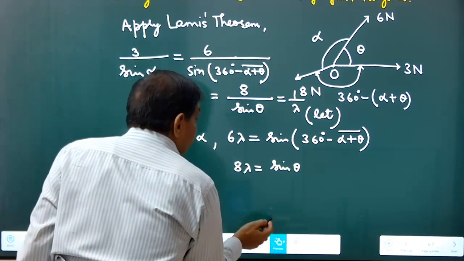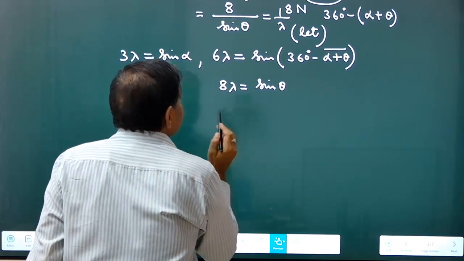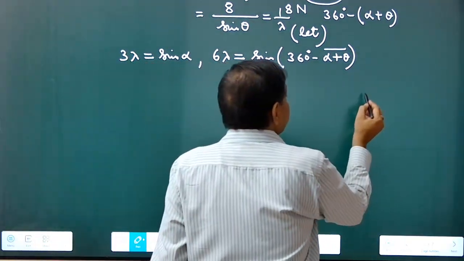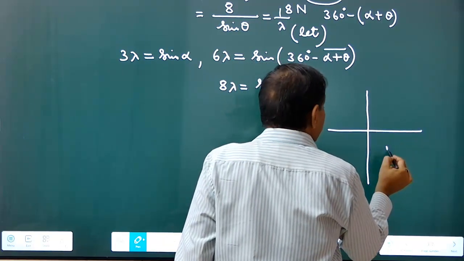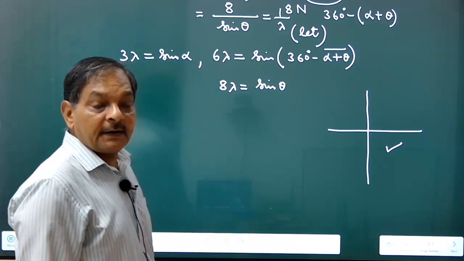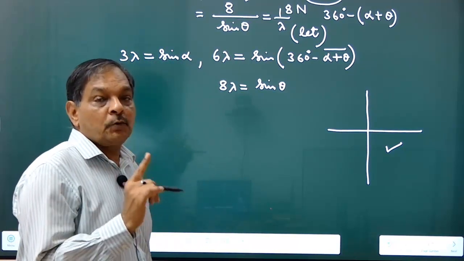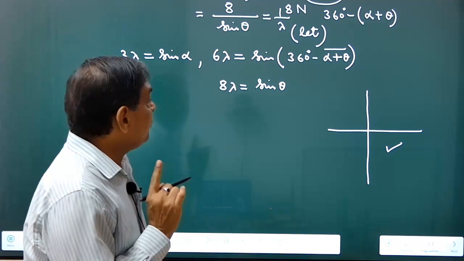Now we find that sine of 360 degrees minus the angle, which quadrant will it be? It will be in the fourth quadrant, where cos will be positive and sine will have a negative value.